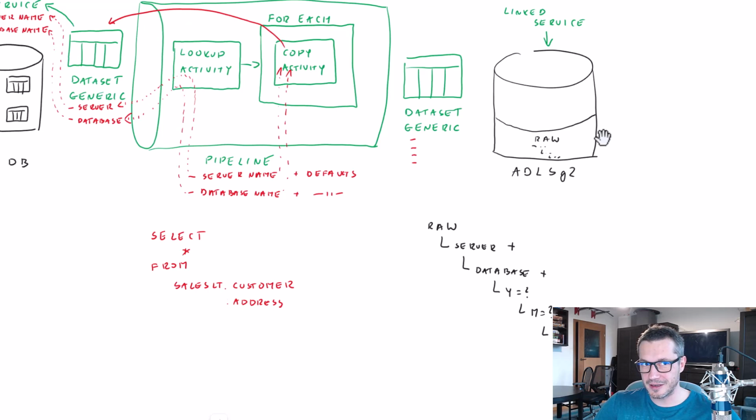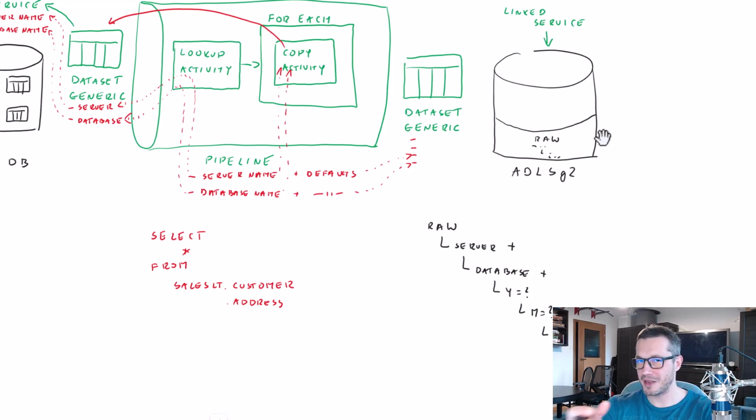In case of 2 of them, it's pretty easy, because for database name and for server name, we could use the parameters defined at the pipeline level. But for the schema and table, we can't do this because such parameters at the pipeline level, they don't exist.